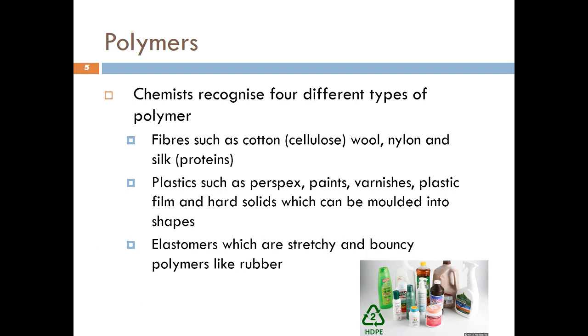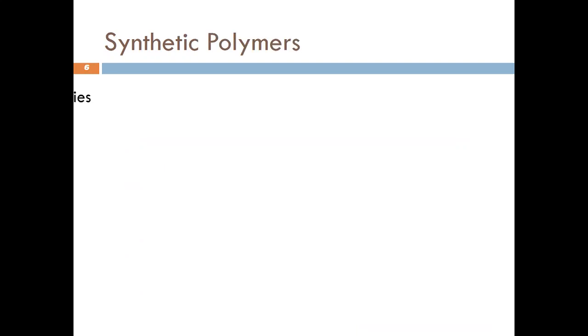Elastomers, which are stretchy and bouncy polymers like rubber, and finally adhesives, glue. They're all types of polymers, but there are four main different types of polymers.